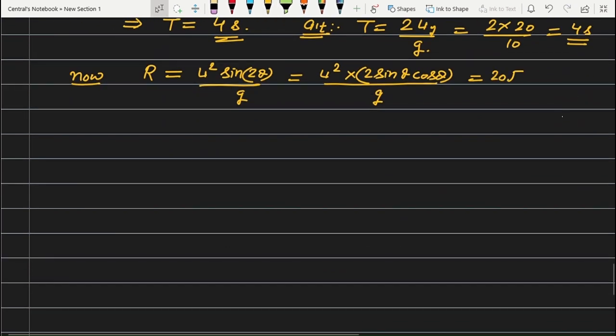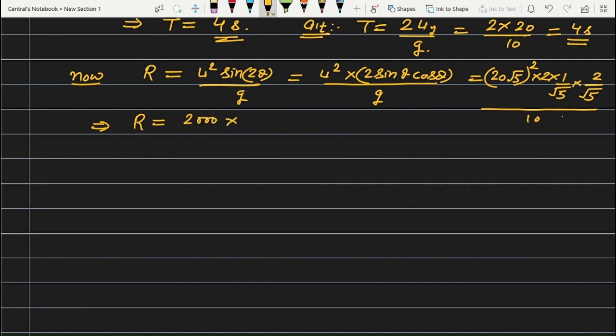So (20 root 5) square into 2, sin theta is 1 by root 5, cos theta is 2 by root 5, upon g which is 10. That means the overall range will be 2000 into 4 root 5 into root 5 is 5, into 10. So 200 by 5 is 40, into 4, 160 meters.